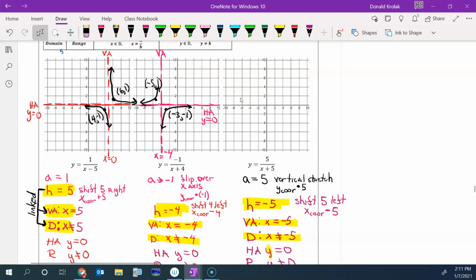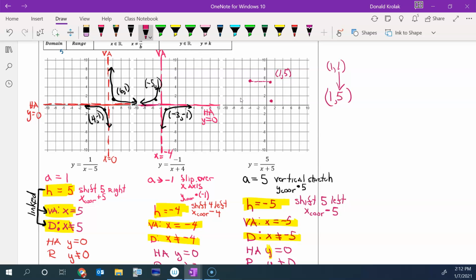Okay, so here's what I mean. This is the point 1, 1. So in my head, I'm thinking 1, 1. I'm going to take that and multiply it by 5. So it just got stretched up to 1, 5. And now I'm going to take it and I'm going to slide it 5 left. 1, 2, 3, 4, 5.